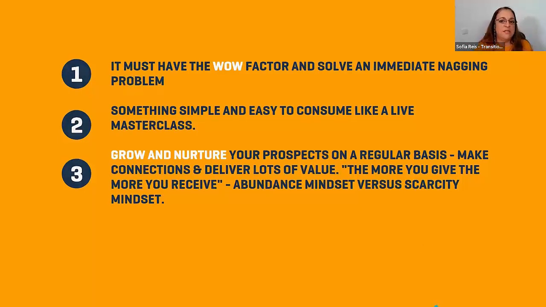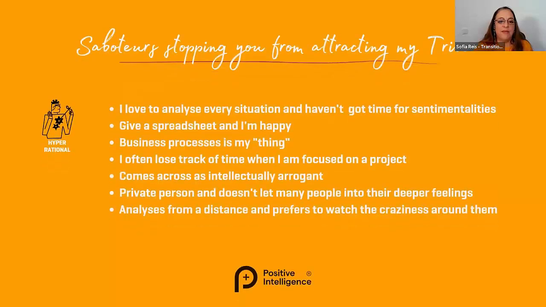Now, which saboteur do we have here? It's the hyper-rational. The hyper-rational is the lover of spreadsheets. Give me a spreadsheet, I'll be all right. He or she loves to analyze every situation. And they haven't got time for emotions, right? Business processes is their thing.